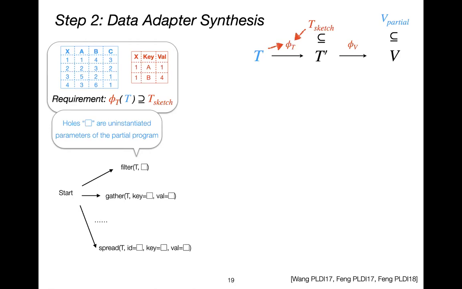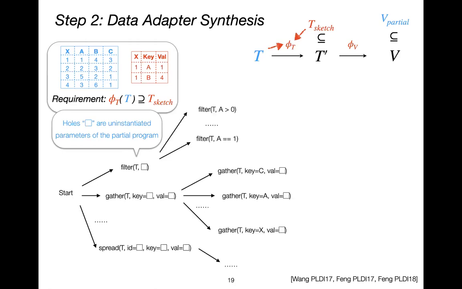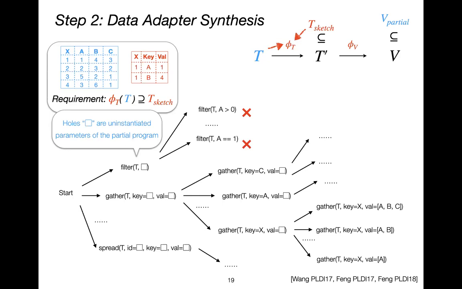We enumerate until we find some concrete program. We evaluate the program and compare to the table sketch to see if the output contains the sketch. If not, we say something's wrong and rule it out. And we go further and further until we hit a program whose output contains the table sketch.